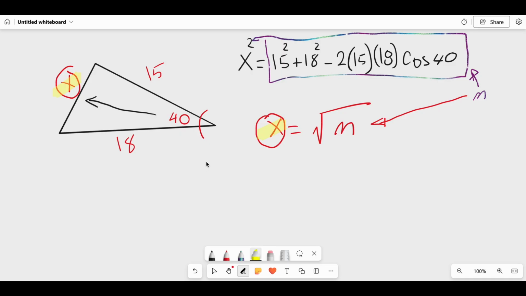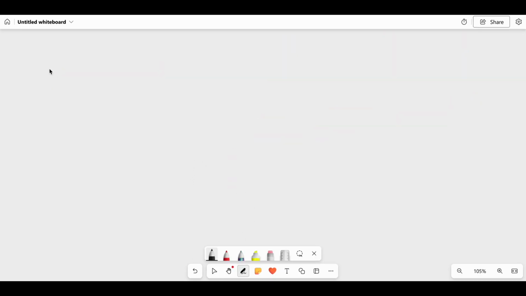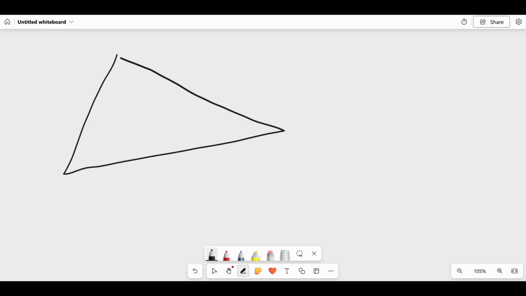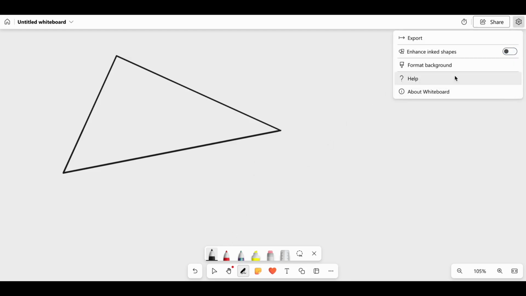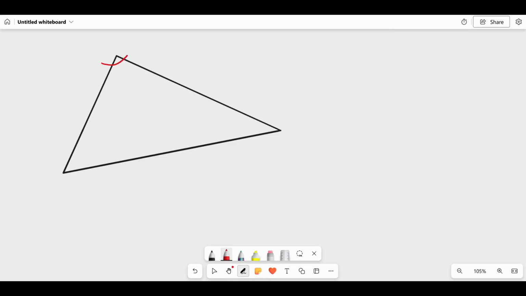Okay, so let's do another exercise. Let's draw a triangle. Let's say that this angle is 55.